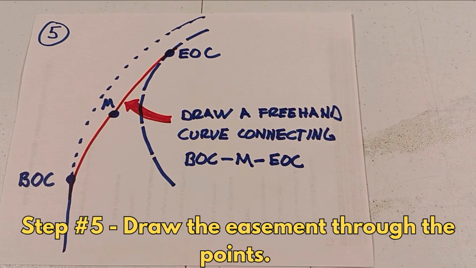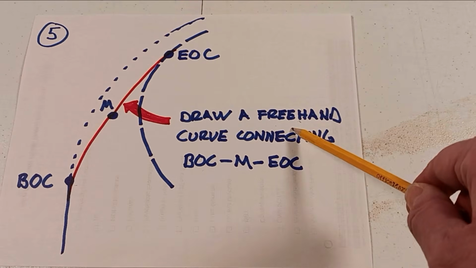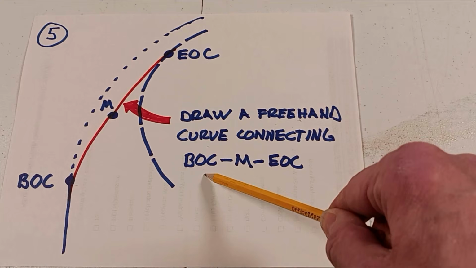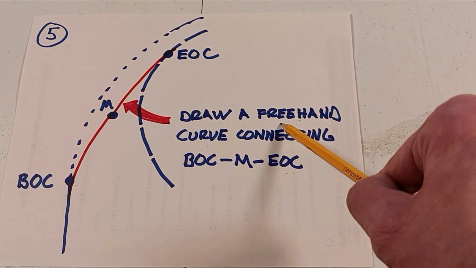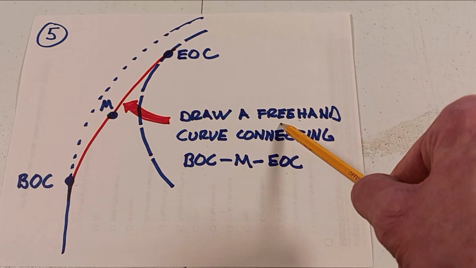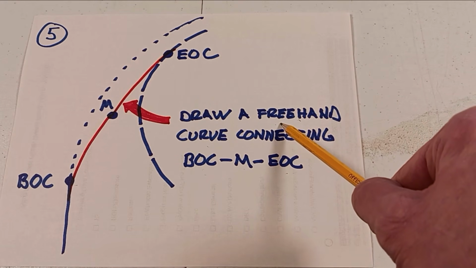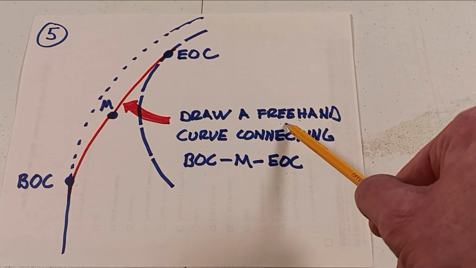The last step is to connect the dots. We want to draw a freehand curve connecting the beginning of curve, the midpoint, and the end of curve. This could be freehand, or if you have a large French curve template, that also can work.